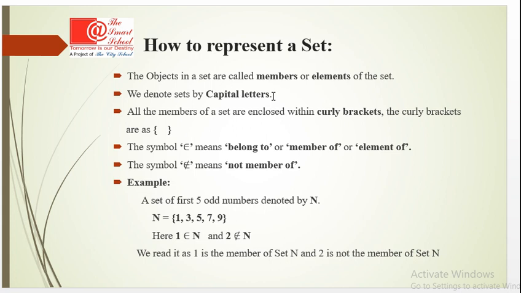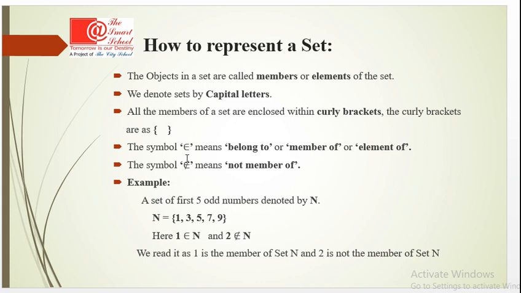Like we have to give a name to a set, we can write A, but A has to be capital, or B or C and so on, but the letters have to be capital. All the members of a set are enclosed within curly brackets, and we write all the elements inside these brackets.